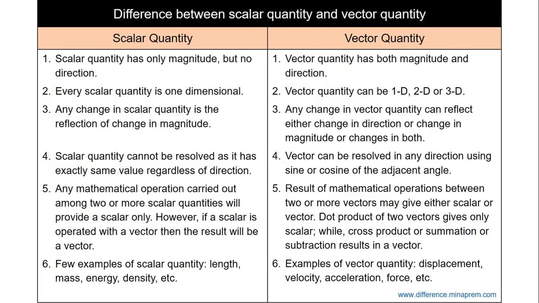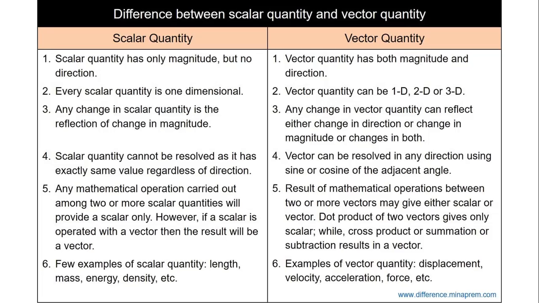On the vector side, results of mathematical operations between two or more vectors may give either a scalar or a vector. The dot product of two vectors gives only a scalar, while the cross product or summation or subtraction results in a vector. Our CXC students, you don't have to worry about these technical terms, but CAPE students will definitely be doing some of these calculations, all right?